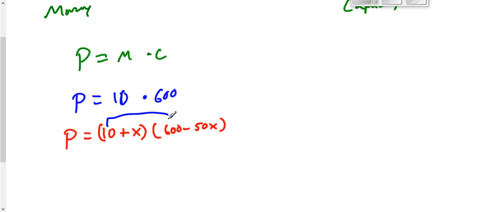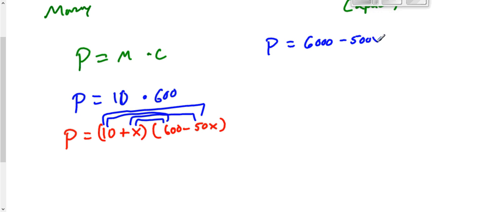So again, we FOIL to get our profit. I'm going to put it over here. It is equal to 6,000 minus 500x plus 600x minus 50x squared.